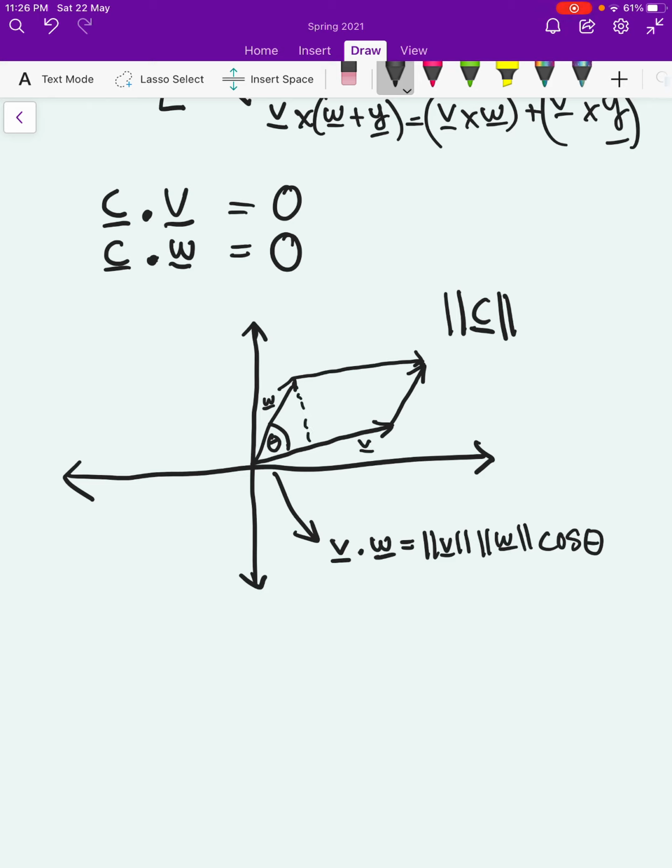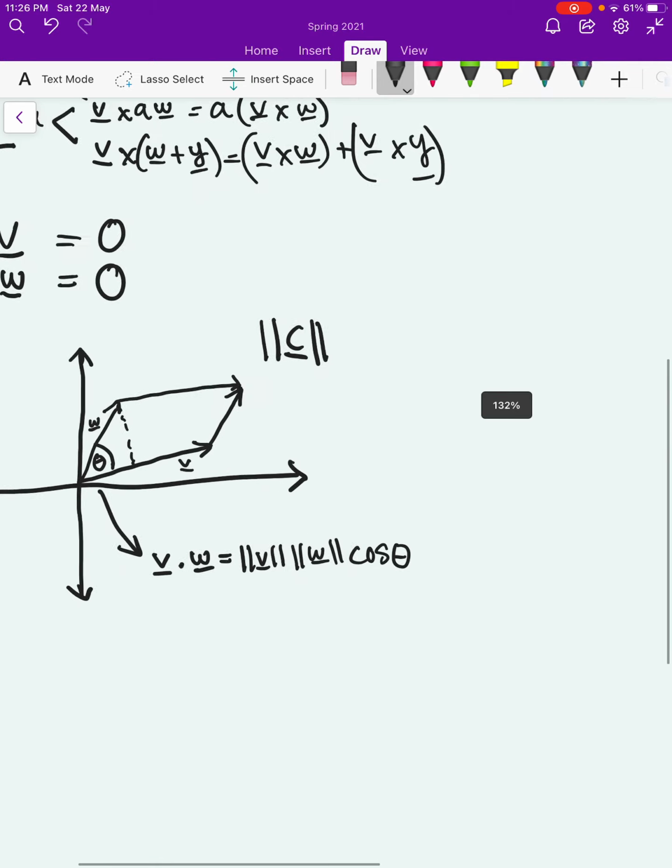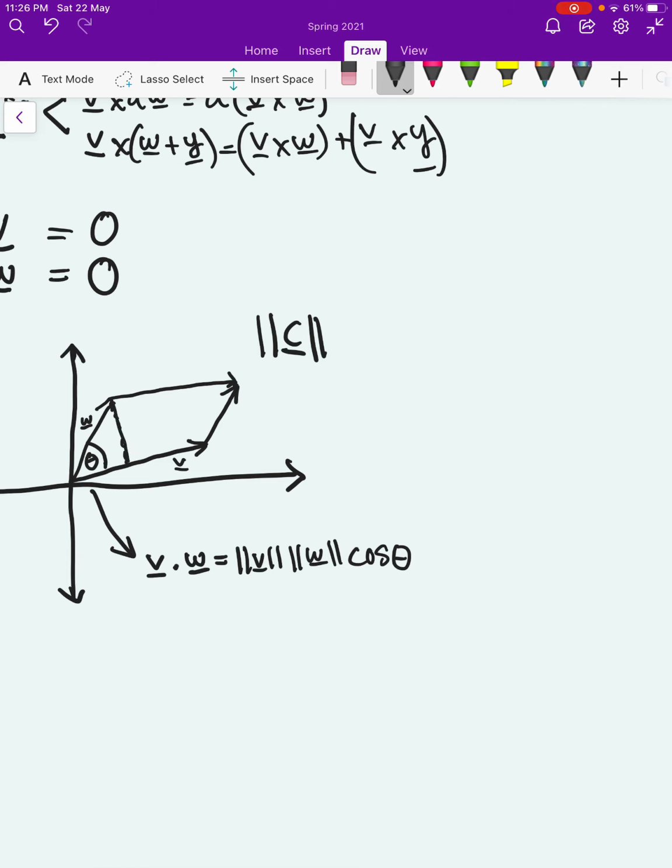Now we can do it this way. Recall, to get this one line over here so that we can compute the area by doing width times height of the parallelogram, we just need to use basic trigonometry, so SOHCAHTOA, and we get the magnitude of v times, that's not a dot product, it's just times, the sine of theta is equal to this line over here.